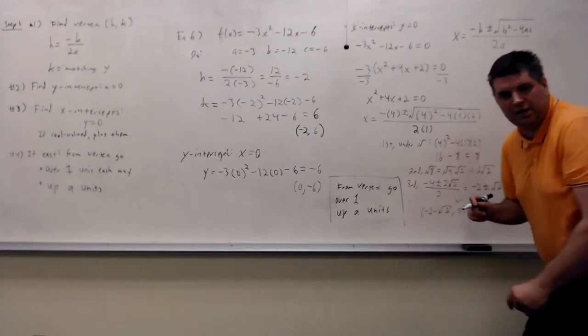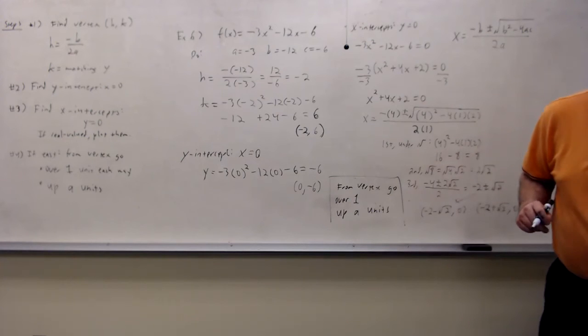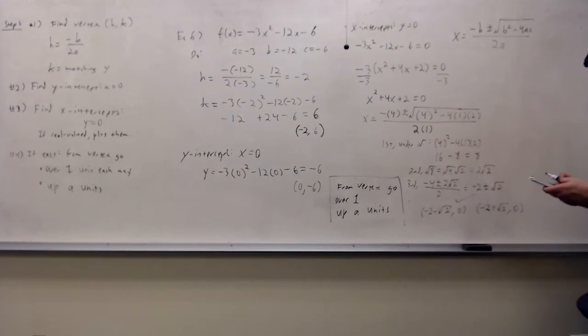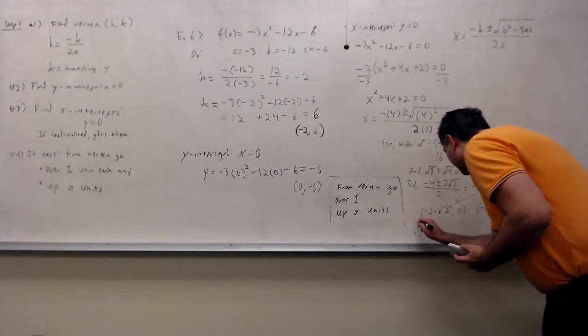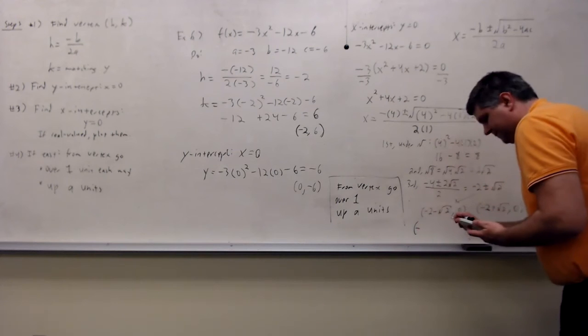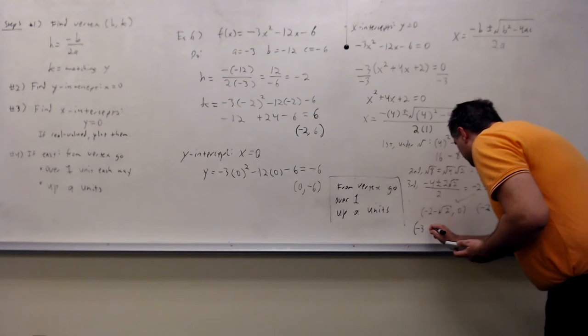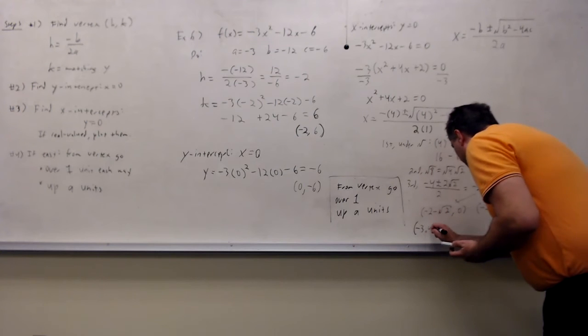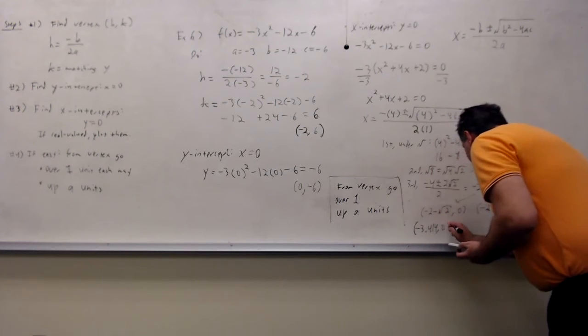All right, I'm going to need to get decimal approximations here. So negative 2 minus the square root of 2 is about negative 3.414, 0.